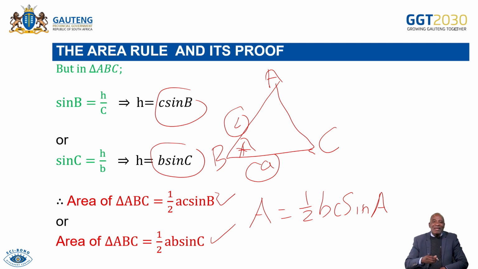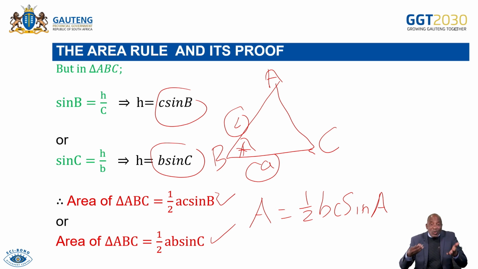So this is what we mean by the area rule. This is where the formula half base times height came from. When the angle is 90 degrees, we know sine 90 is 1. So this formula works for any triangle in this world. It doesn't only work for non-right-angled triangles.